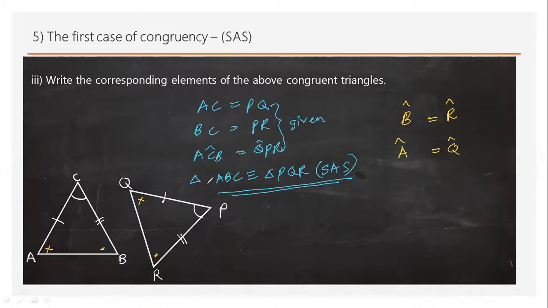What else? Angle ACB. The opposite side of angle ACB is this AB side. And this angle is QPR, and the opposite side is QR. Then I will write AB equals QR.